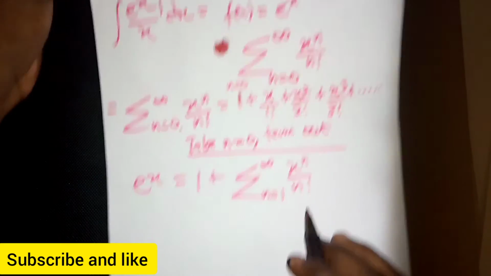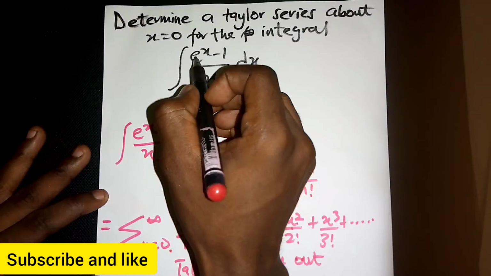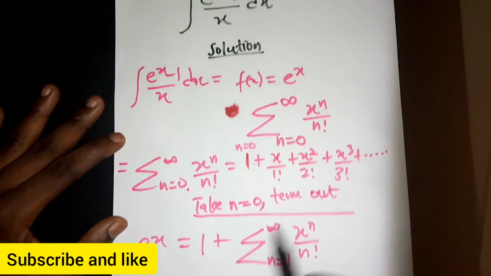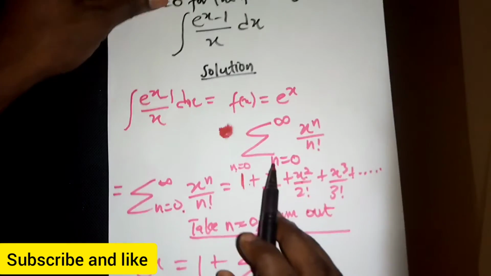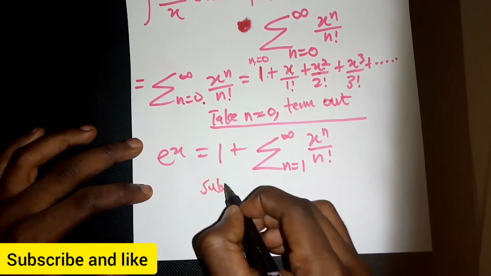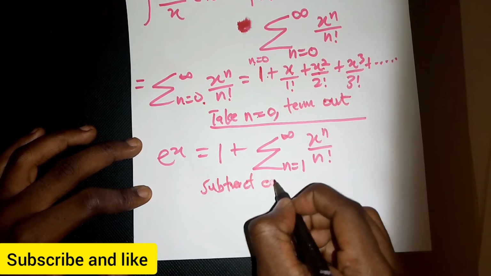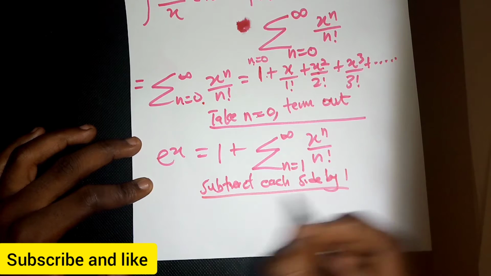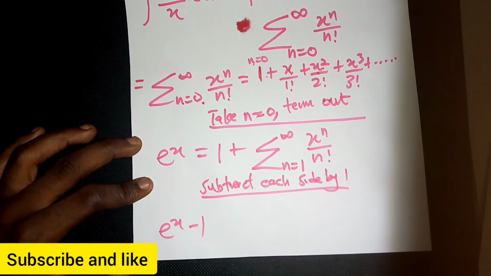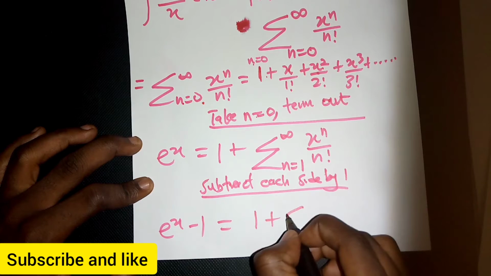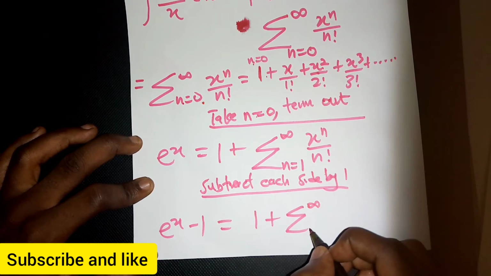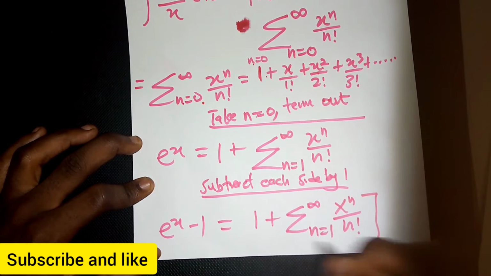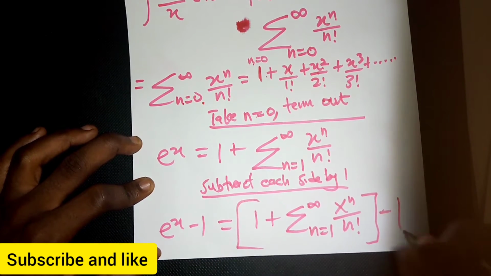Alright, so we have this. Now what we are going to do next is that we have e to the power x minus 1, so we subtract each side by 1. So we have e to the power x minus 1 equal to 1 plus the summation from n equal to 1 to infinity of x to the power n over n factorial, then all of this minus 1.